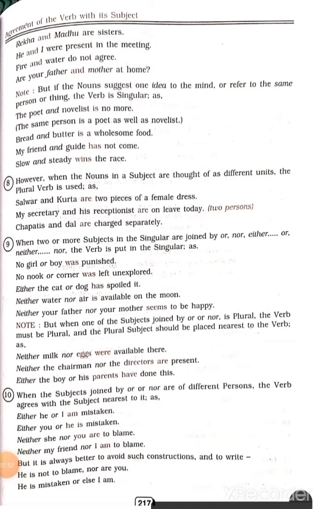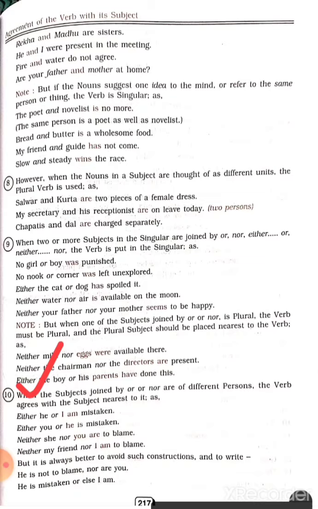So let us now move towards your book. On page number 217, you can see this point. I have already discussed it, but I am discussing it again so that you can understand it better. When the subjects are joined by or or nor and are of different persons, that means one is singular and another is plural, then the verb agrees with the subject nearest to it.